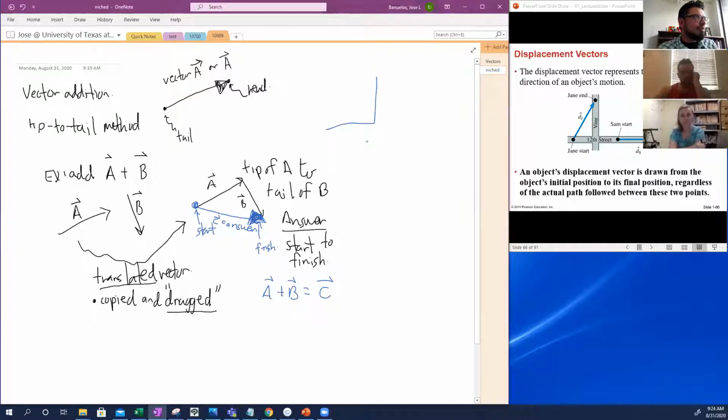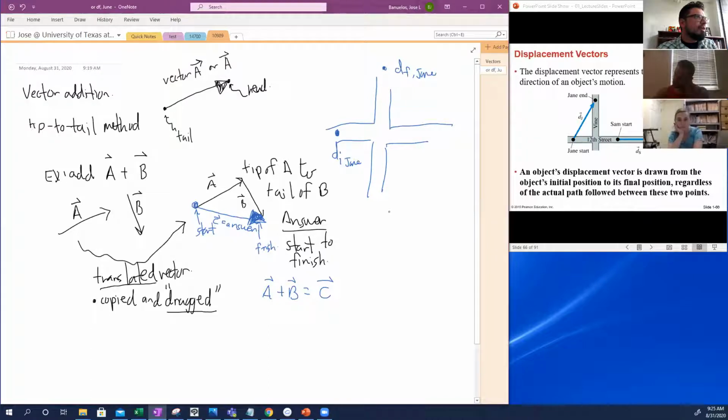So if I were to draw that picture that we have on the slide here, even though maybe Jane started here, we'll use a D for displacement. So D initial for Jane was down there. And then she ended up somewhere else on this other street here. And so that's the D final for Jane.